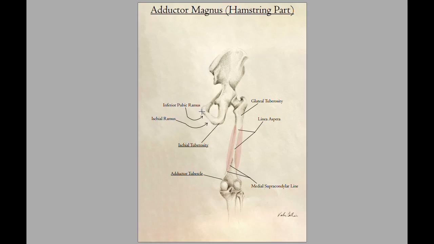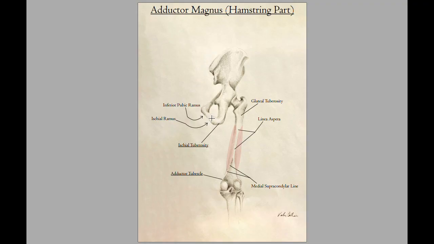We call it the inferior pubic ramus here, but here we call it the ischial ramus, okay? Because embryologically speaking, these two pieces of bone come from two completely separate bones, okay? Again, review the innominate bone video so you can get more details on that. So this is the inferior pubic ramus, ischial ramus. The adductor magnus is attaching to this whole piece of bone right here, and then also attached to the ischial tuberosity.